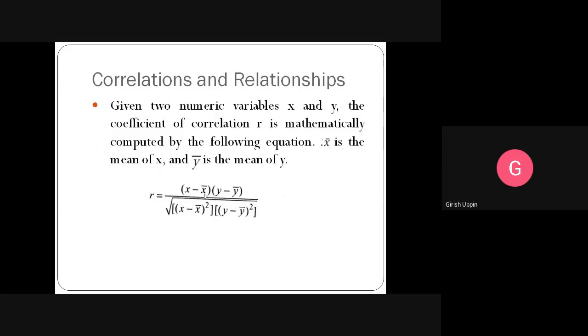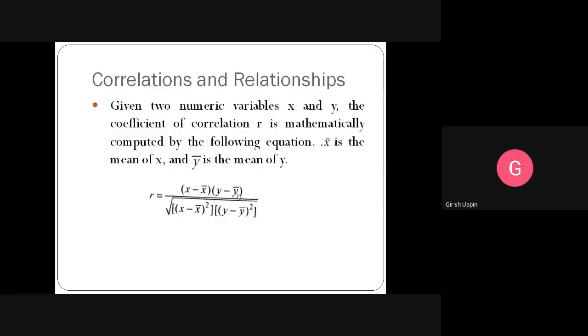Similarly, y bar is the mean of the y elements, same function: y bar is equal to y1 plus y2 plus y3 plus so on until yn, divided by n. So using that, I can find a numerical value of the coefficient of correlation.